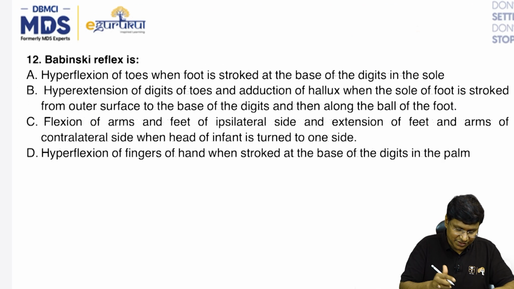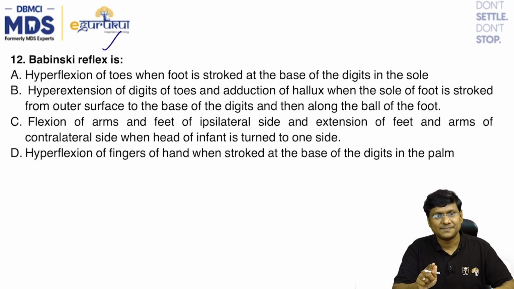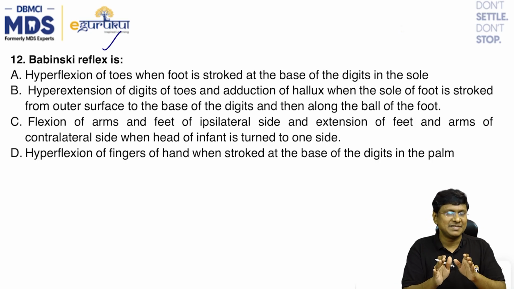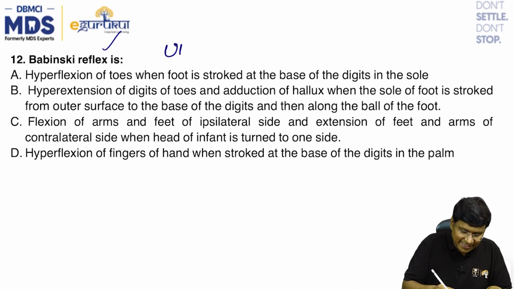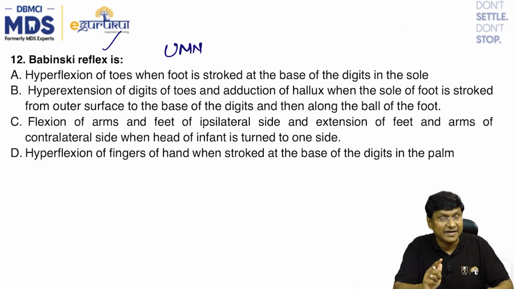All right. Next question. Babinski's sign is. So what exactly is Babinski's sign? It is also called the extensor plantar reflex, right? And it is mainly used to test for the presence of an upper motor neuron lesion.